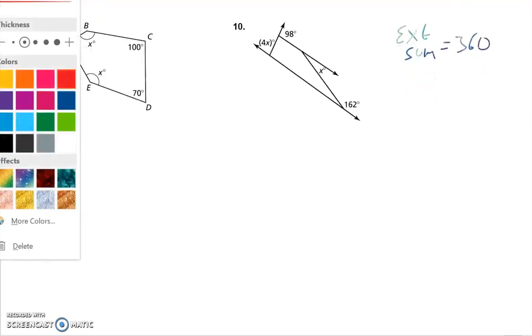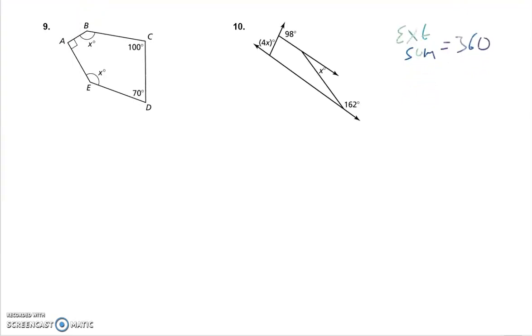This one's just like the other ones, so we're working on it the same way. This time you have 90 right here again. And you have 1, 2, 3, 4, 5 sides. So n equals 5.